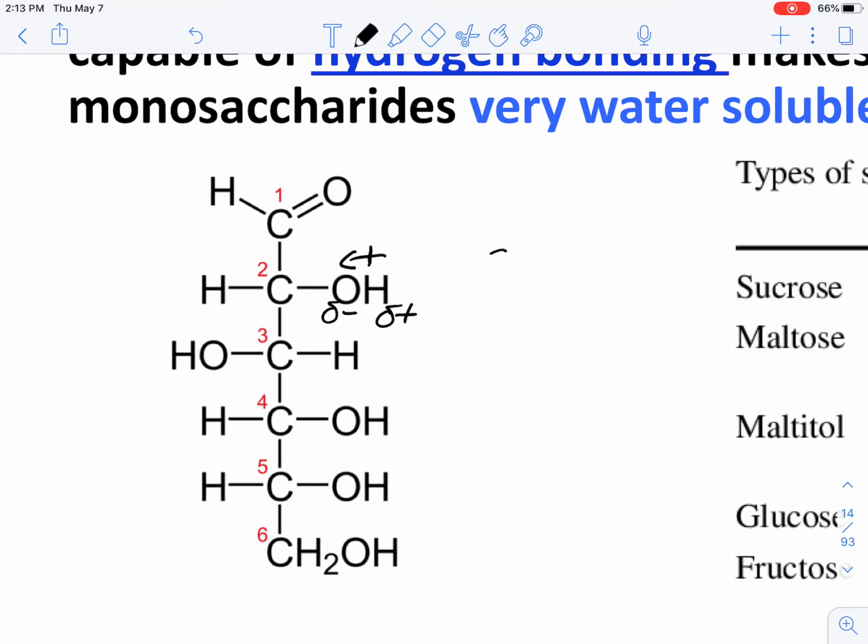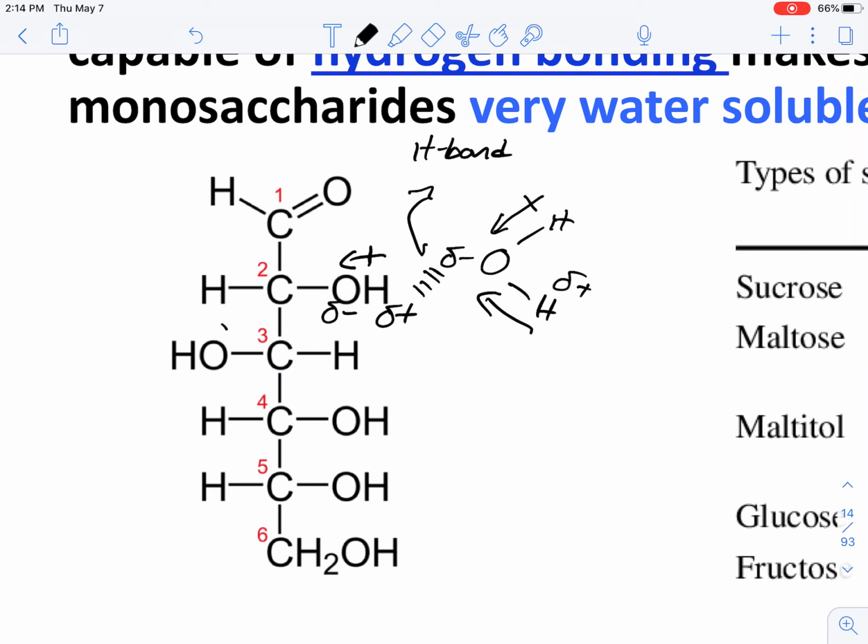And so if we have, for example, a water molecule, once again, there's going to be a permanent dipole pointing towards oxygen, making this partially negative and this hydrogen partially positive. And so the interaction between the partial positive and partial negative is known as a hydrogen bond between this water molecule and the hydroxyl group in this sugar molecule.